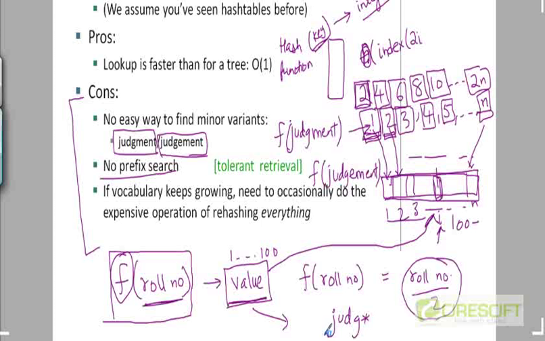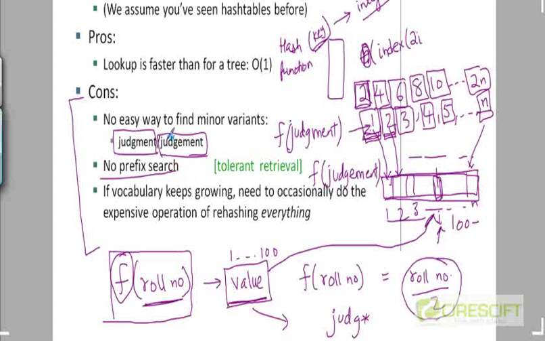because there could be hundreds of words matching this pattern, and the records for all of them could be spread out all over the place, because a hash function usually tries to randomize the value to which it maps the key. So you can't do prefix search in a hash table.